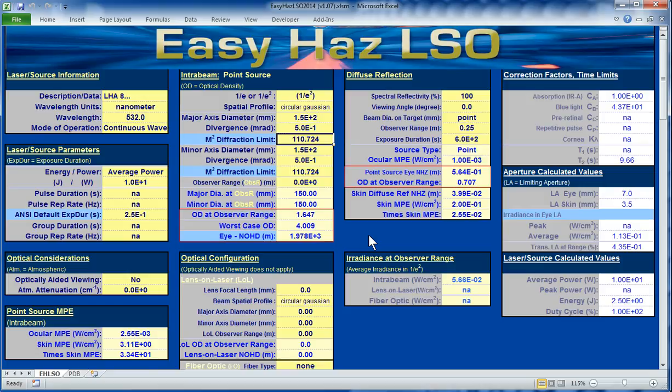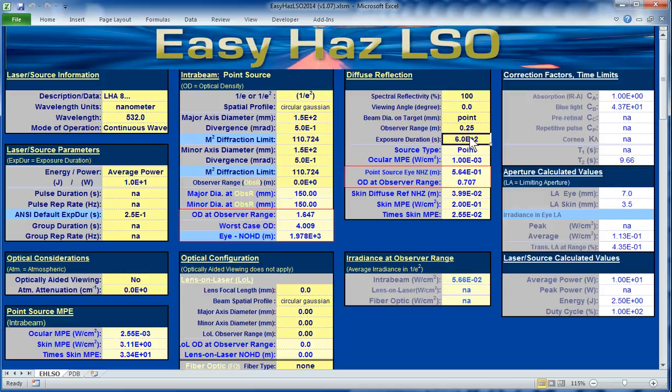One thing I might want to point out: notice that you have two different time scales here. If you're looking at the slide and it has a different point source NHZ than what you see here, it's because of the exposure duration.